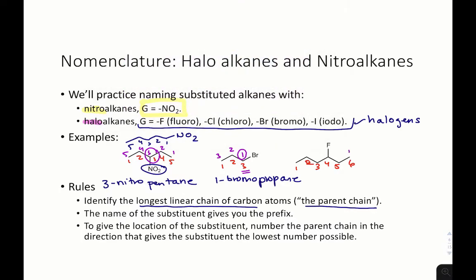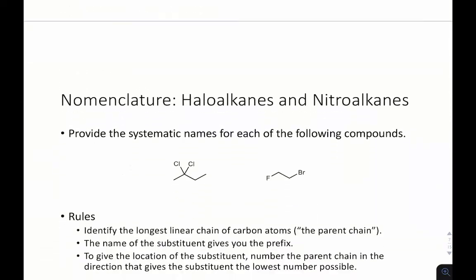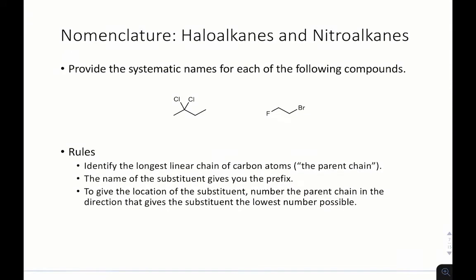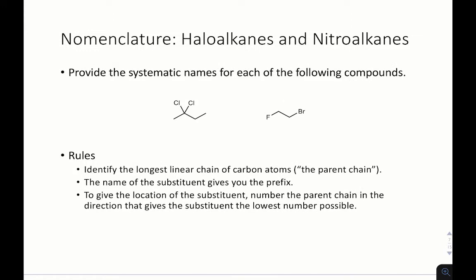Finally, the last example, let's just be sure we have the lowest number here. Oh, nope, when I number from right to left, my substituent gets number 3, so that's what I'm going to do. And this would be 3-fluoro, 6 carbons, so hexane. Okay, so now you should pause and try to name these compounds using the rules that we've just applied.